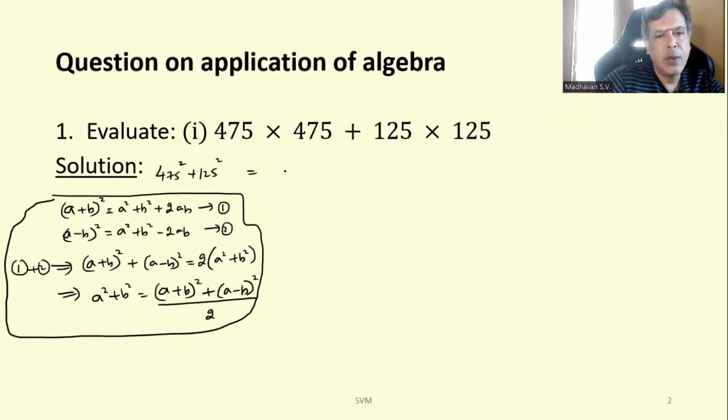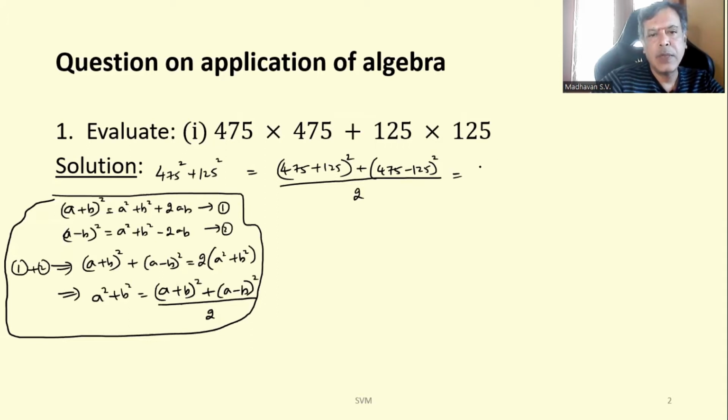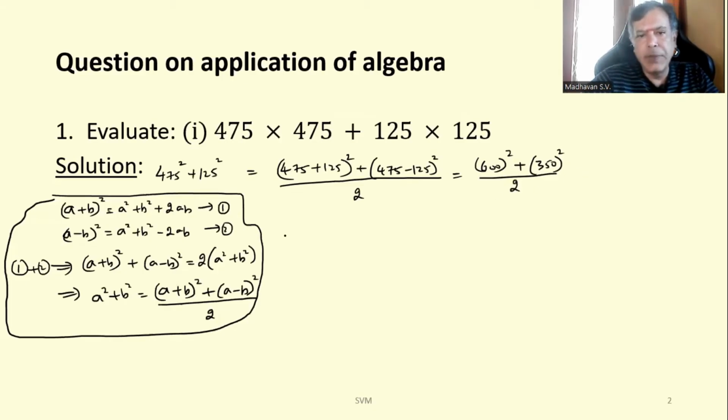So this can be written now as 475 plus 125 the square plus 475 minus 125 the square, the whole thing divided by 2. So first one, 475 plus 125 is 600 the square plus 475 minus 125 will be 350 the square, divided by 2.